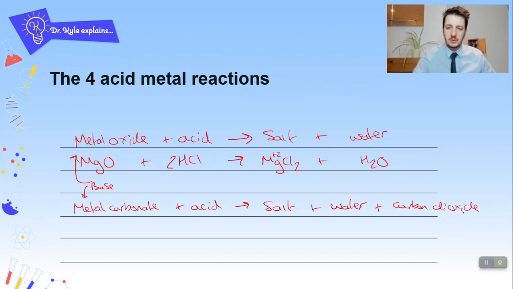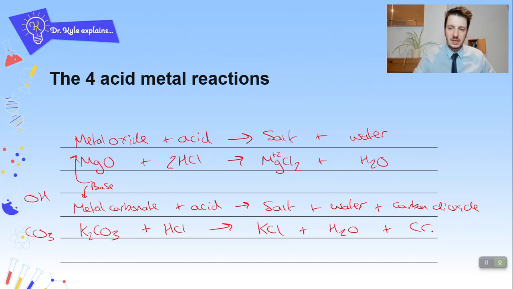And so here, let's go for potassium carbonate. K2CO3, so a carbonate is CO3, just like hydroxide is OH, carbonate is CO3. So K2CO3 plus HCl goes to, and we're going to make a salt, KCl, plus H2O plus CO2.